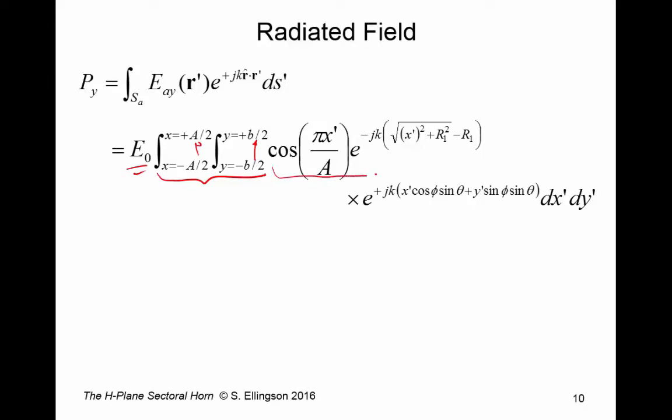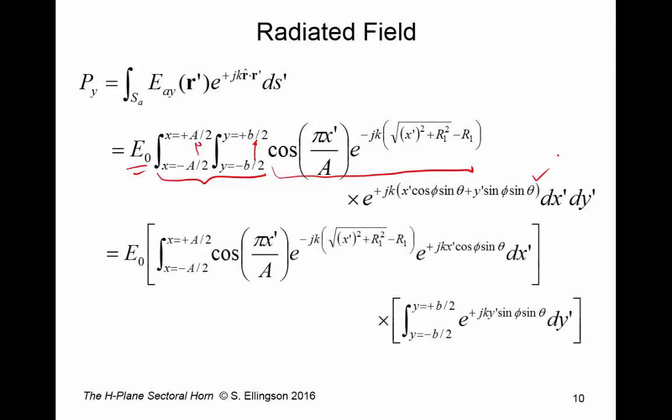Here is the expression that we have developed for the field in the aperture, and then here's our phase factor, written now in terms of theta and phi. Now we can factor this out into two integrals, one over x and the other over y, as indicated by the breakout in square brackets here.